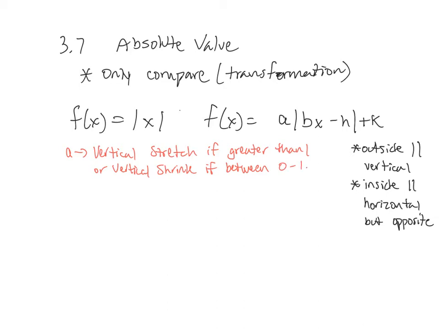We say 0 and 1 because if there's a negative in the front, it's something different. So basically you're looking for just a fraction in the front.